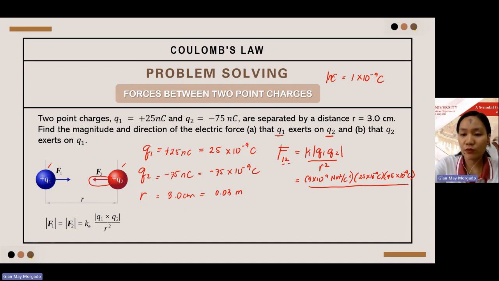Positive because of the absolute sign. Divided by the distance, which is the converted value, 0.03 meters squared. Do not forget the squared sign.